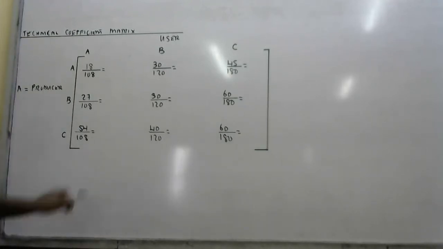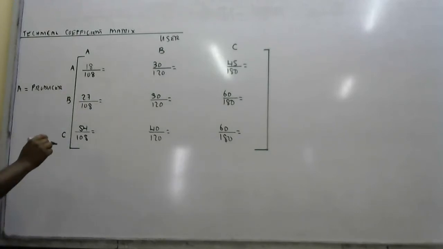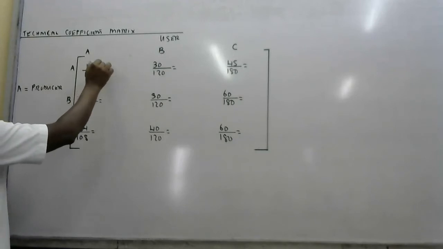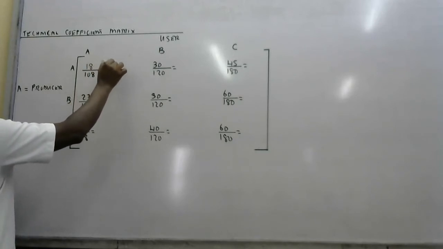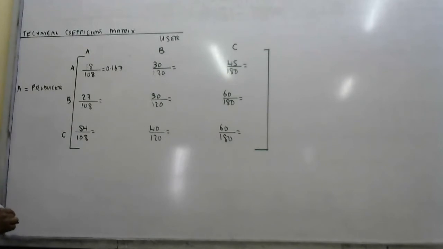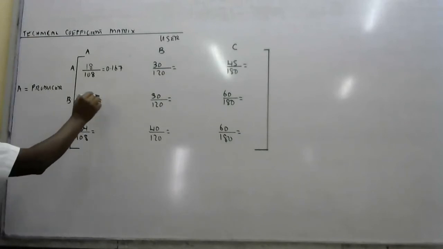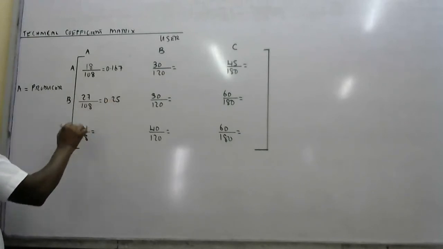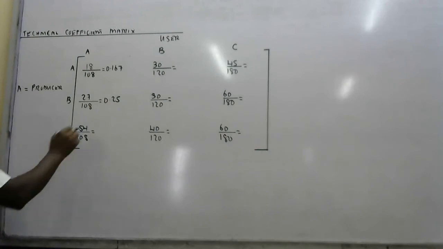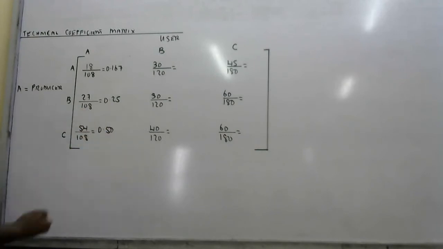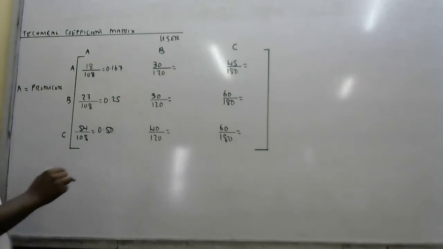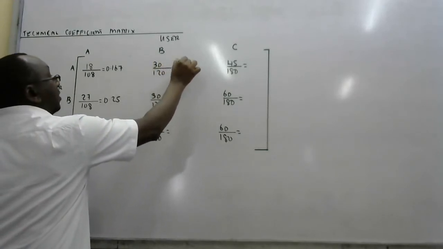First, 18 divided by 108. 0.167. It's not exact, so we can confine ourselves to 3 decimals. Then 27 divided by 108, 0.25. Then it gives 0.50. 30 divided by 120, 0.25.